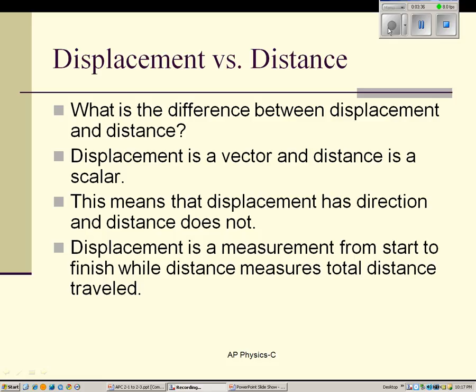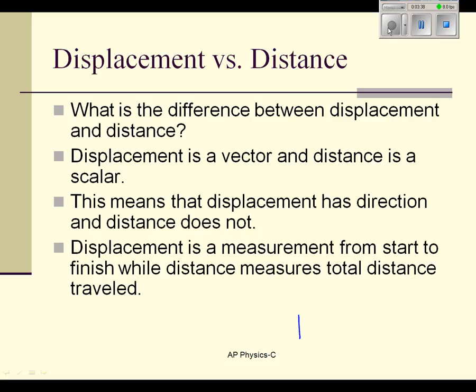So our example that we have to think about here is if we travel 3 meters up and 4 meters left, we have to realize that our distance is 7 meters, but our displacement is 5 meters at some angle.